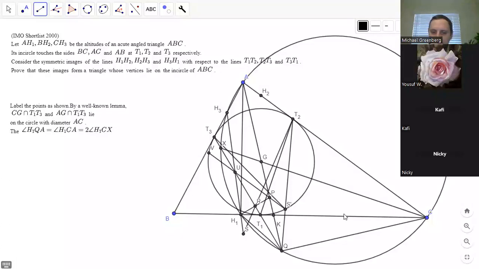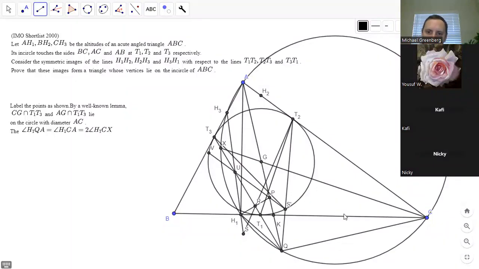So we have H1 and Q, and H1QG is equal to... we said that it's equal to C. Yes, it's equal to C.